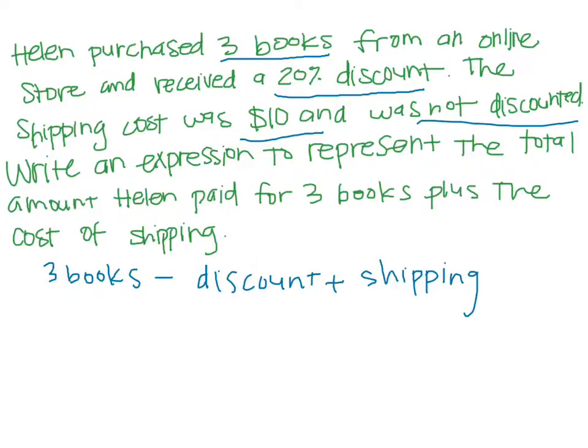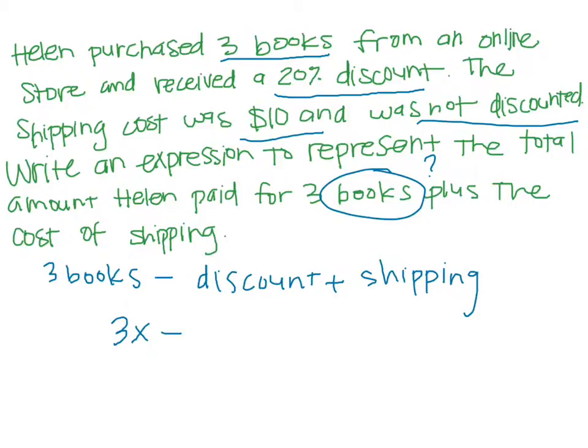Now that we have this word phrase written out, let's assign some variables in there. So one thing I don't know is the cost of a book. So my 3 books is going to turn into 3x or 3b if you want to use b for books, because we don't know the cost of the books.